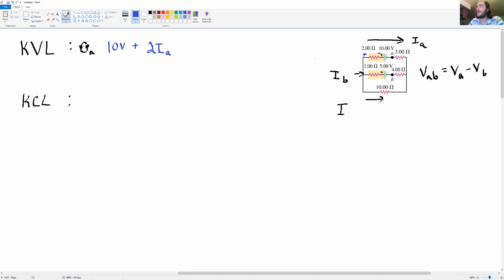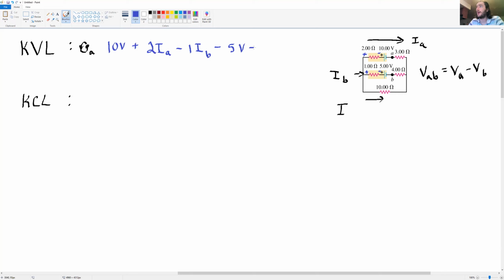And then as we come into this middle branch, we lose potential difference across the internal resistance of that middle battery, minus 1 times IB. And then we lose 5 volts as we cross the terminals of that battery, the idealized EMF source inside the battery. And now we're at the point B.